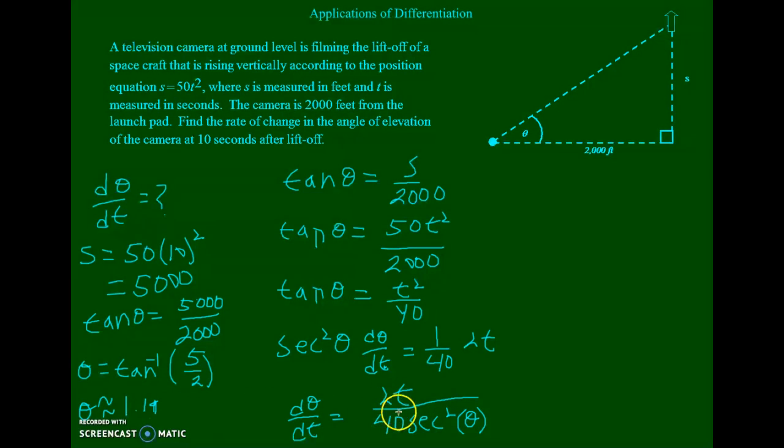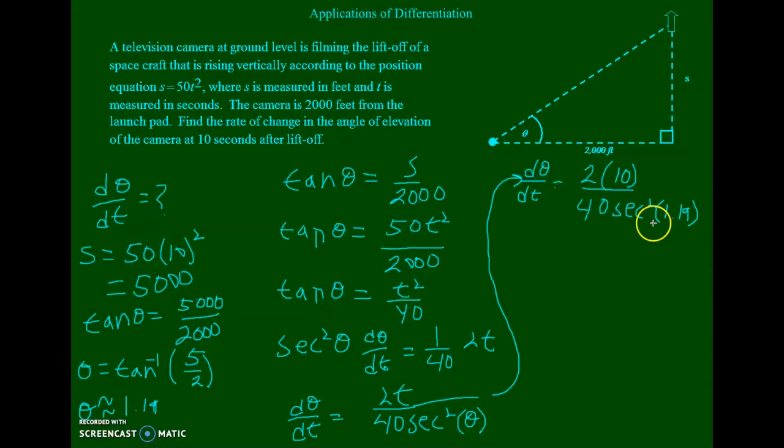So let's go ahead and put that in here. So let's go up to the top, and d theta dt equals 2 times t, which is 10, over 40 secant squared 1.19, because that's my theta.